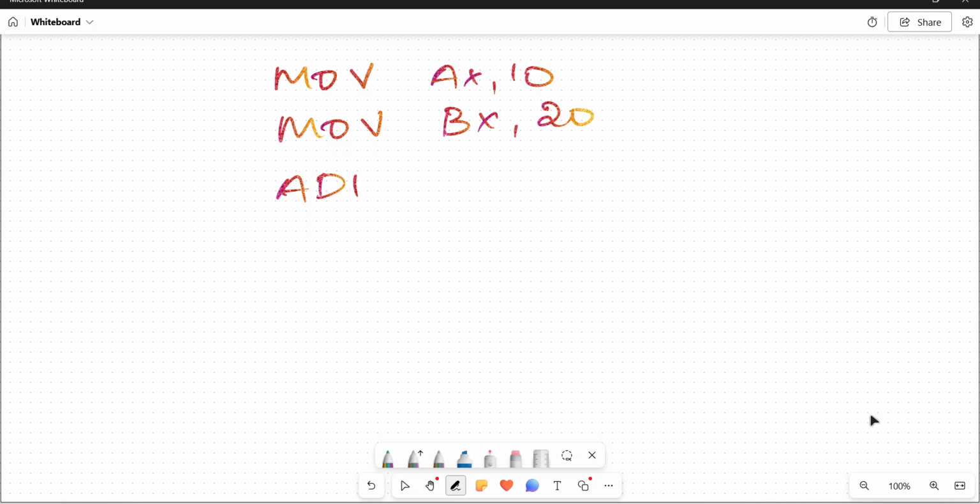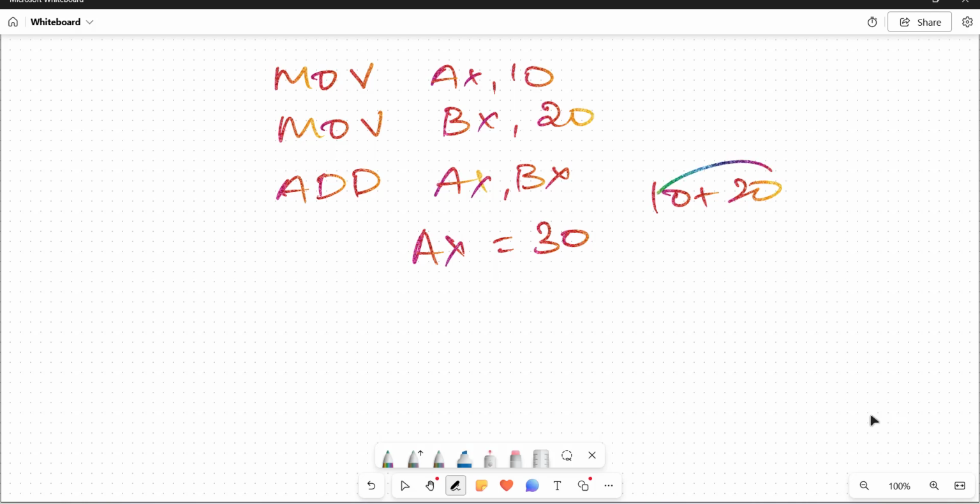And now if I give ADD AX, BX, what it does is add BX to AX. So at the last, 10 plus 20 is 30, and this value 30 will get stored in the AX.